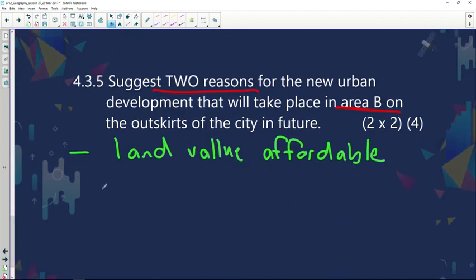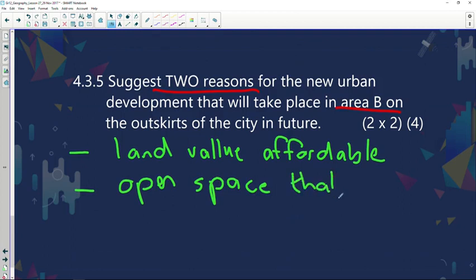Now, use the open space that is unused. Create a peaceful environment where it's not as hectic as the CBD, with the overcrowding taking place.